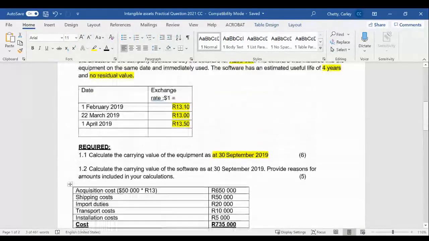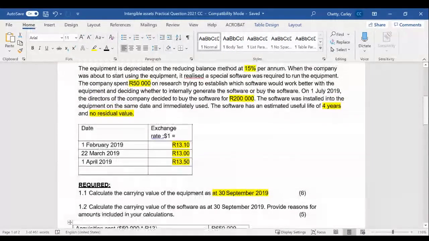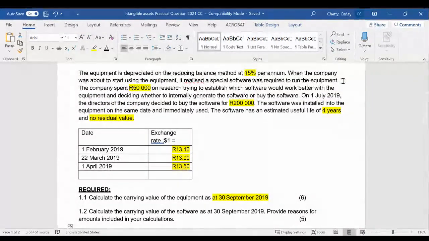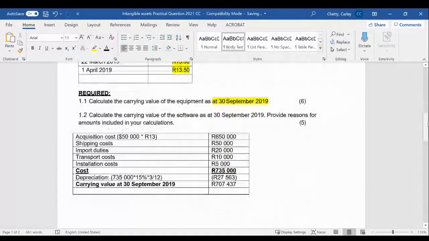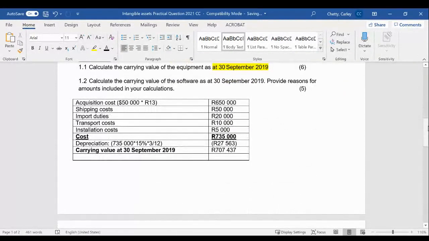Because the equipment can only be used once the software is installed, it can only be depreciated from the 1st of July, okay? So if we count July, August, September, that is 3 months. So the depreciation will be 27,563.